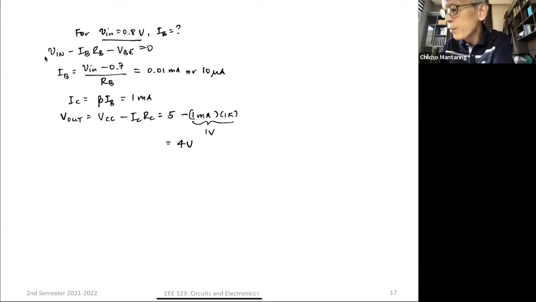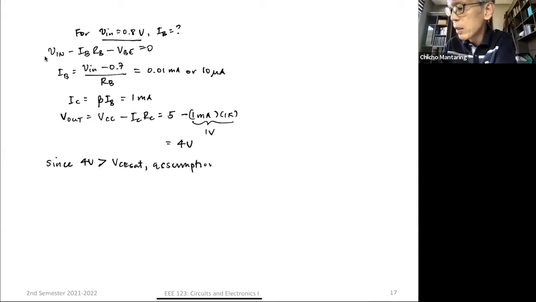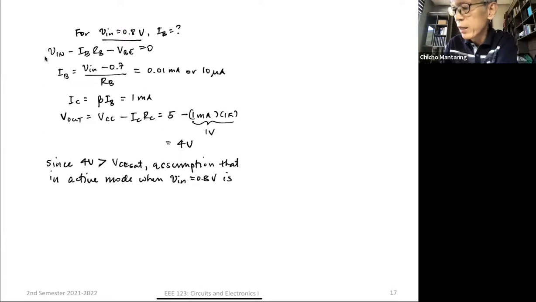In this case, 4 volts is greater than VCE SAT, so the assumption that it is in active mode when Vin is equal to 0.8 volts is correct.